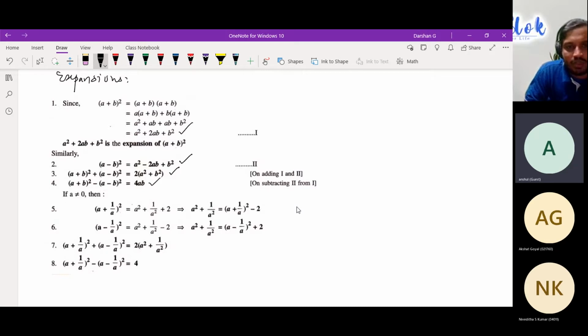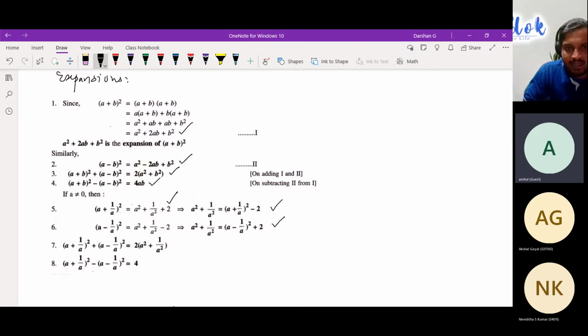Very important to know. We just encountered a question, (a plus 1 by a) the whole square, right now. It should be something like a square plus 1 by a square plus 2, which we got. We also have the inverse of this. You can also find the a square plus 1 by a square formula.